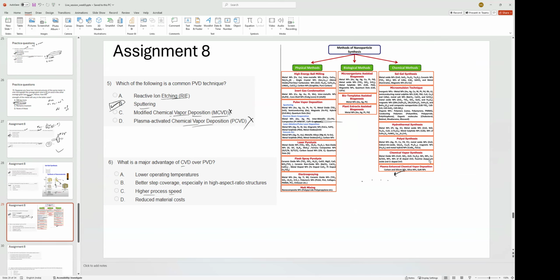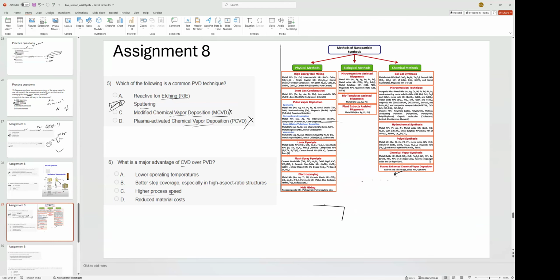So this is also slower and typically more expensive, because you need all the arrangements for storing the gases, and the vacuum chamber where the reactions will take place. But it gives you better quality of film. So it has better coverage.